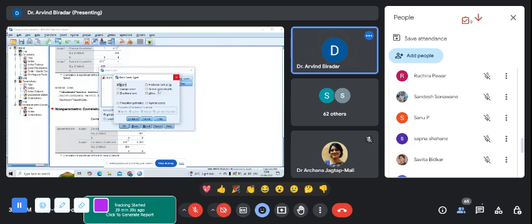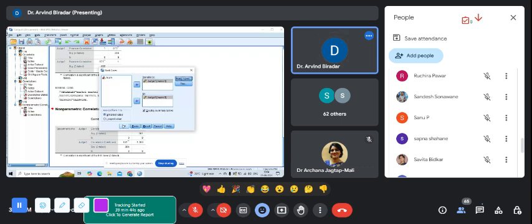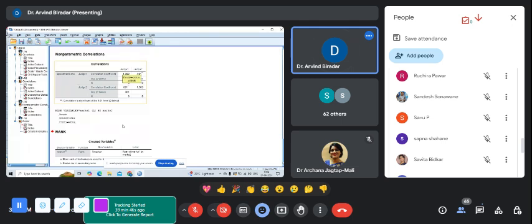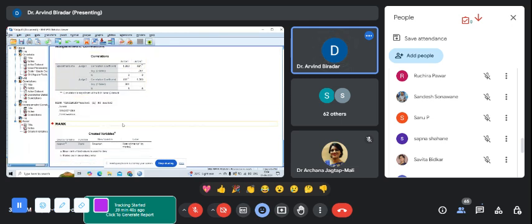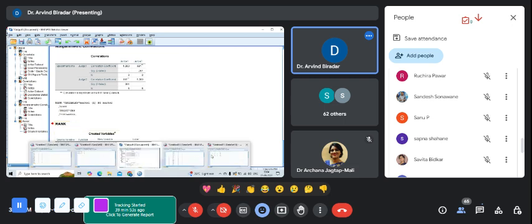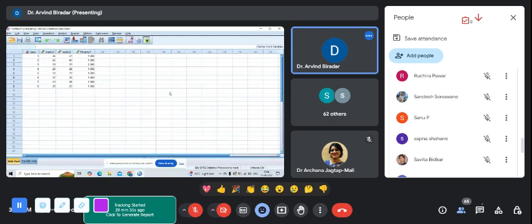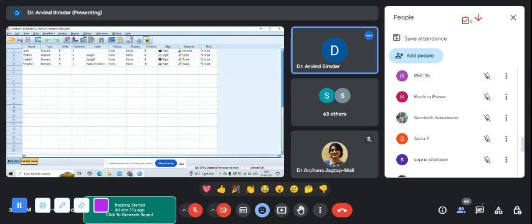Now we will see another point. Basically, these points are focused on identification of business opportunities.